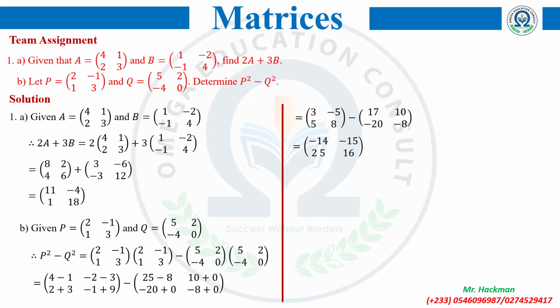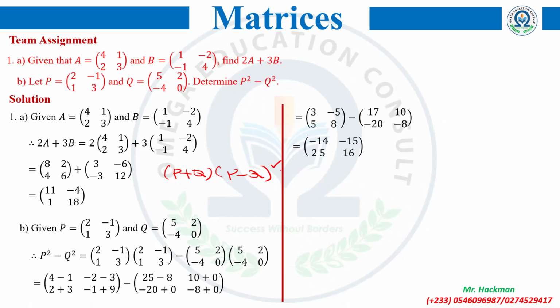Yes, some of you wrote this, but in our lesson we realized that matrix multiplication is not commutative. If you come and write P plus Q, or treat it as a difference of two squares, into P minus Q, in ordinary algebraic expression this is valid.